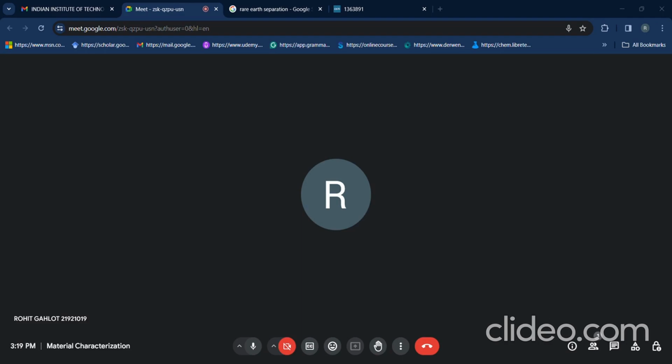In the last class we talked about the basics of TEM and what can be inferred from TEM diffraction, and we were discussing that in detail.